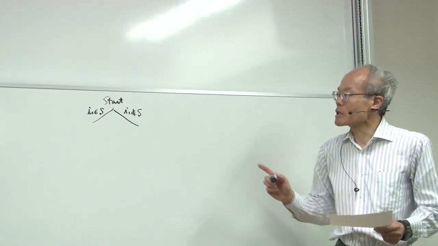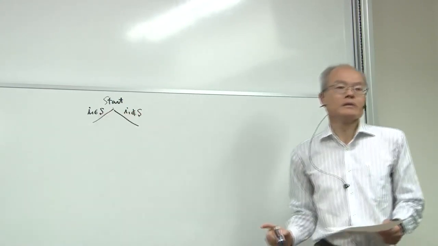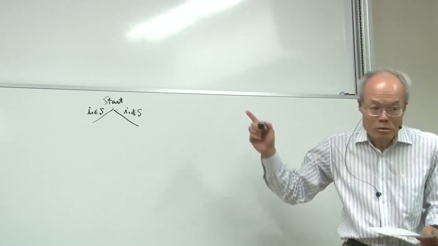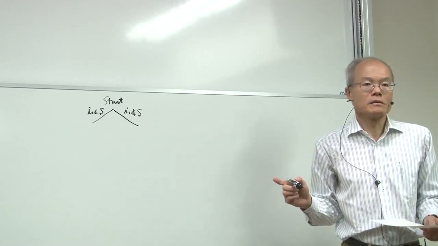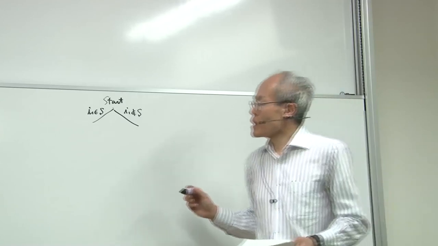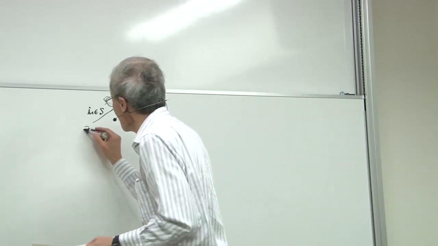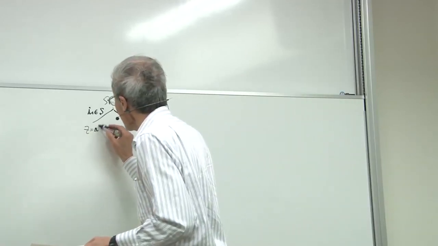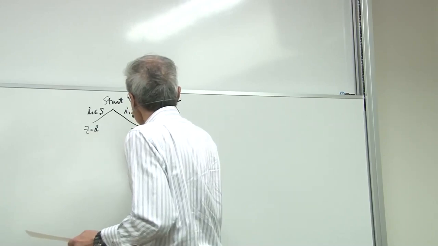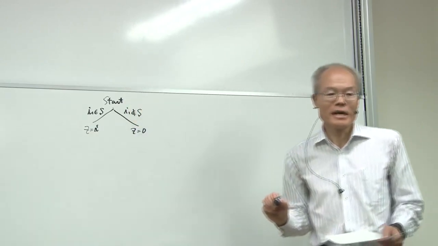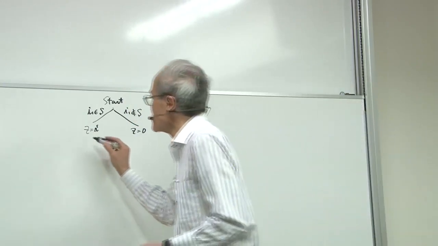The first case is I1 is in S. The other case is I1 is not in S. Okay? Then the value Z is equal to I1, and the value Z is equal to 0. Okay? Then continue.